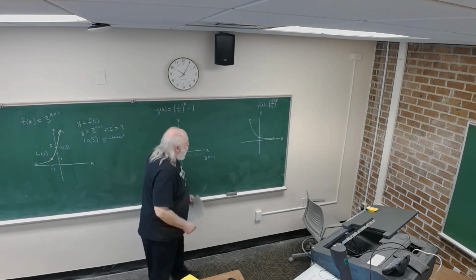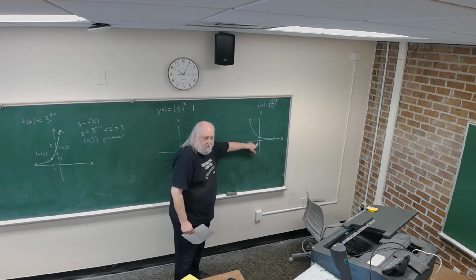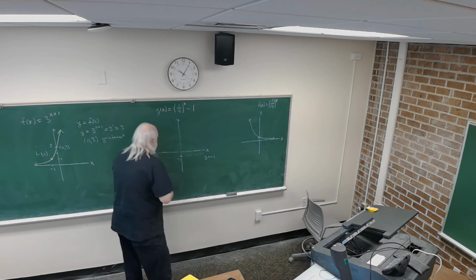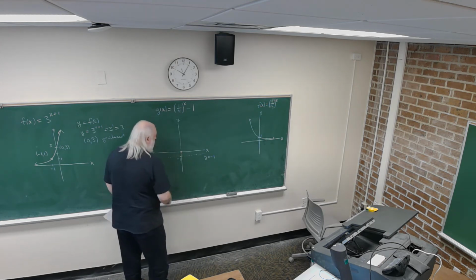Well, when we shift this graph down 1 unit, the y-intercept is going to get shifted down 1 unit, right? To what point? Yeah, the origin. So now the y-intercept is at the origin, okay?